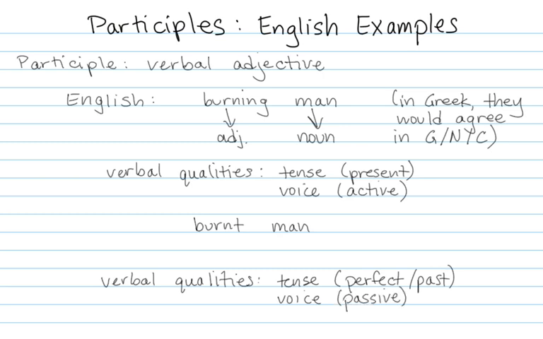And then the voice is actually passive. So instead of burning the man, now we have a man who has been burnt. The verb has happened to the man, so it is passive. So burning is an English present active participle, and burnt is a past passive participle.